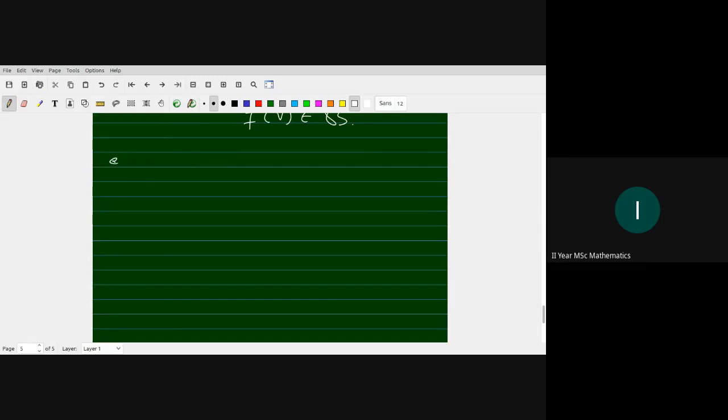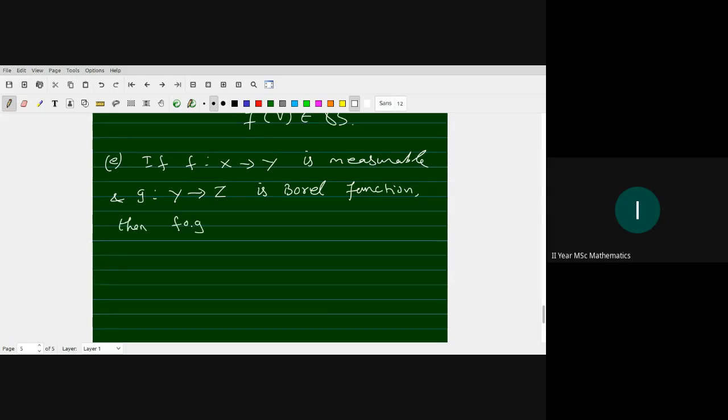So the next result: if f from X to Y is measurable and g from Y to Z is a Borel function, then g circle f is measurable.